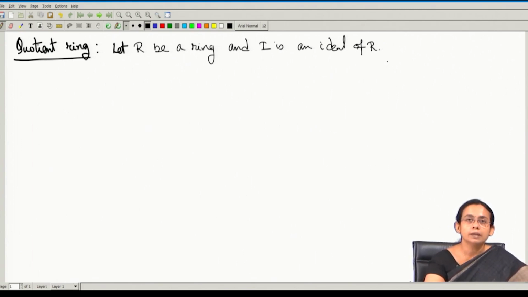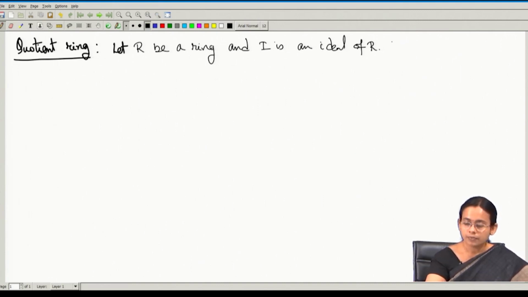Now, if we want to see whether this set of left cosets with respect to I has some ring structure or not, we need to define the multiplication on the set of all left cosets. What are the obstructions that we are facing?